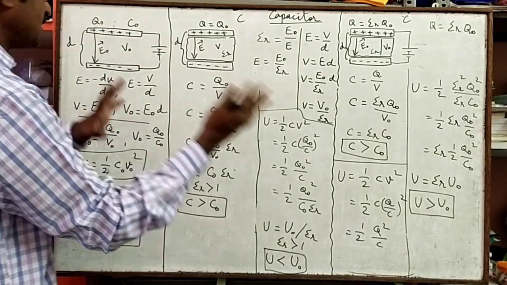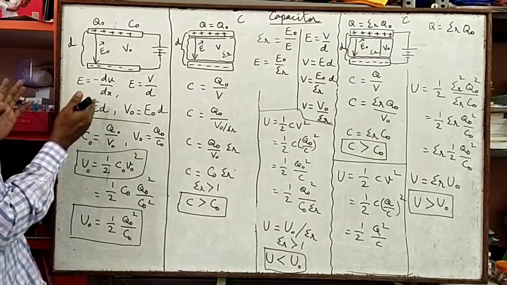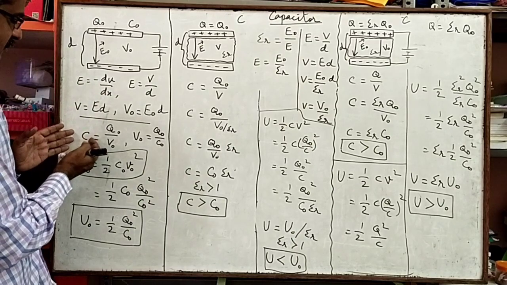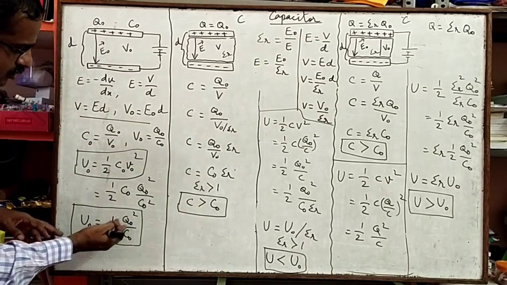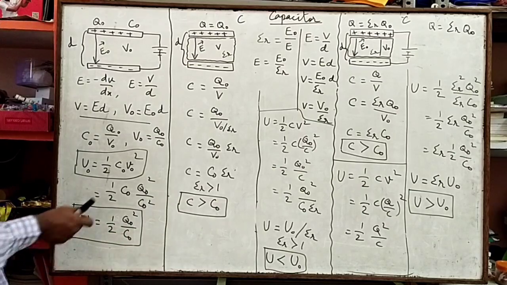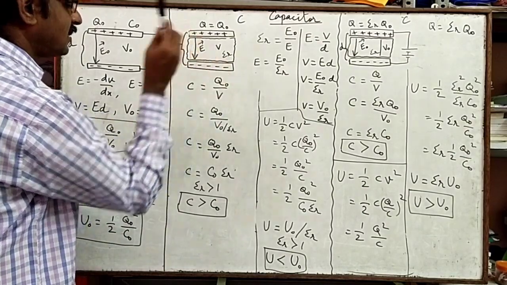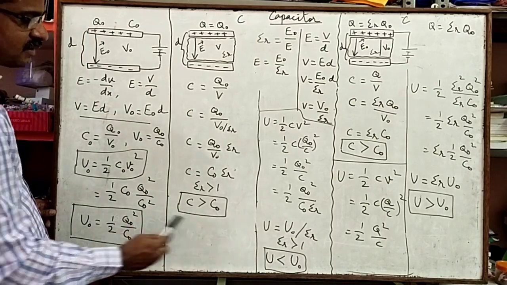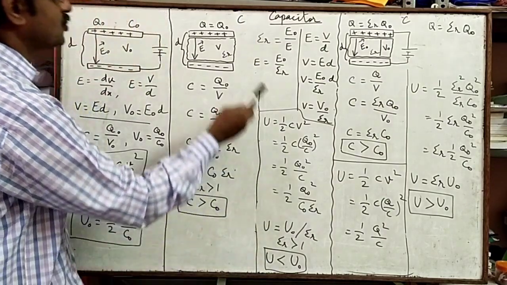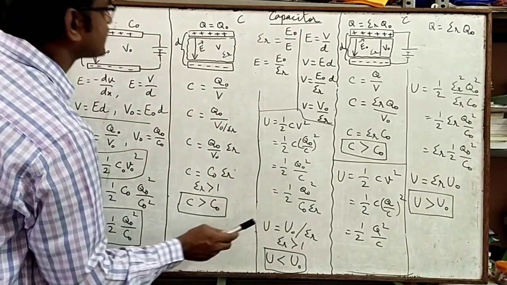So let us compare these three. Here, C naught equal to Q naught by V naught is the capacitance. U naught equal to half Q naught square by C naught is the energy stored. When the battery is removed and dielectric is introduced, the capacitance of the capacitor increases. Electrostatic potential energy stored in the capacitor decreases.